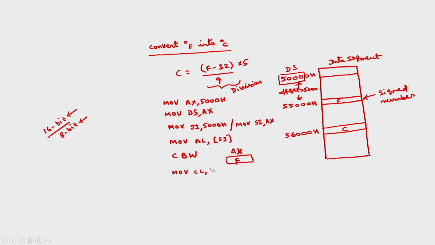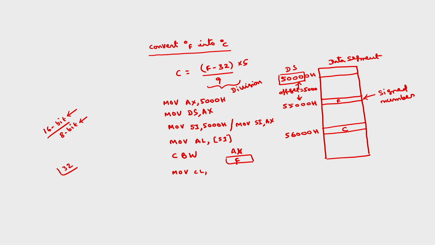Because the microprocessor will perform the hexadecimal operations, but this 32 is a decimal value. Okay. So 32 decimal is equivalent to what in hexadecimal? 16 2s are 32, 0 is the remainder, 16 0s are 0, 2 is the remainder, 20H. So you have to take 20H here. This is one of the important points here.